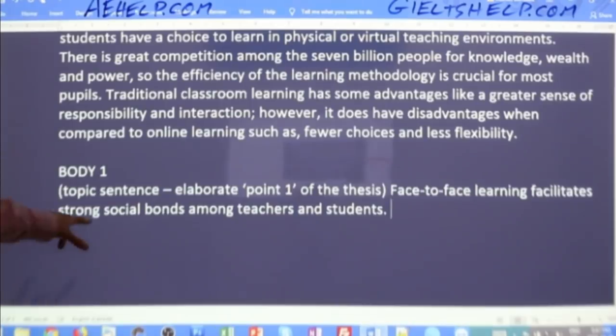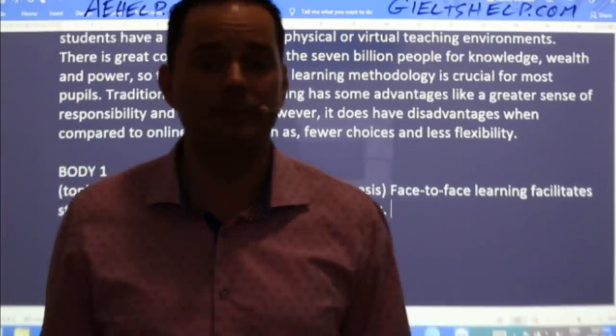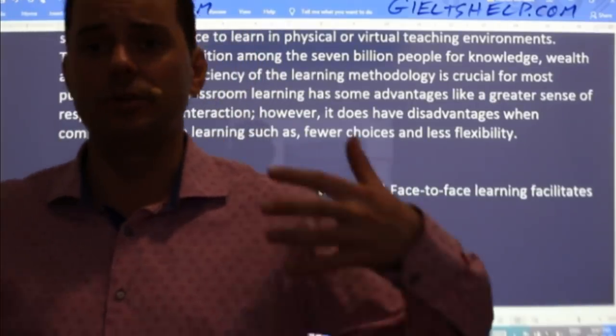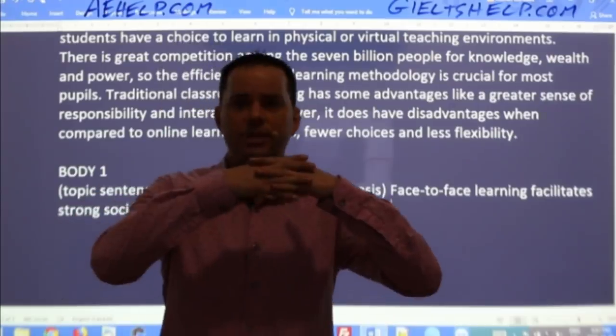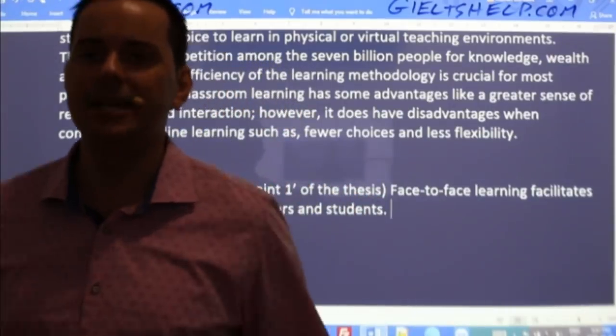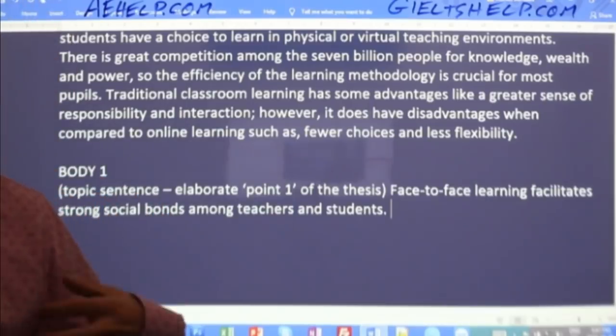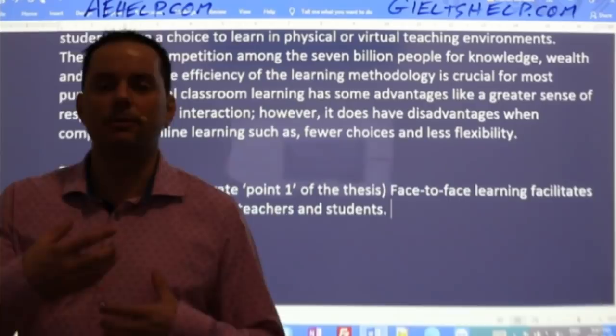Yeah, strong social bonds, right? So when you're in a classroom, especially if you have 6 months or a year, or maybe even sometimes more with teachers and students, you develop these strong relationships with those people. Facilitate means to allow or create an environment for development to happen.